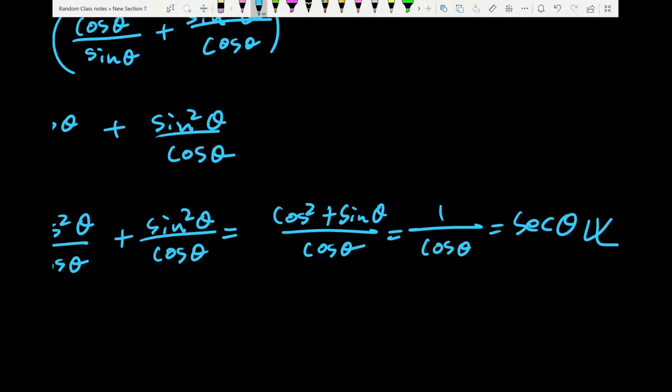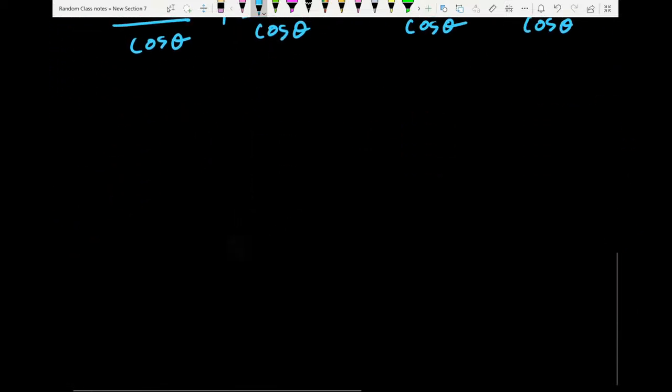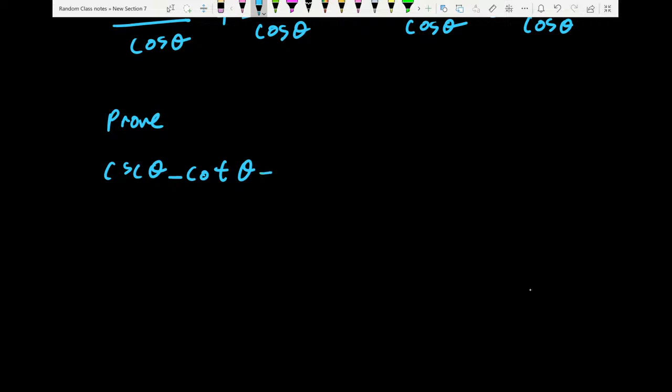All right. Y'all ready? Let's do another one. Prove cosecant of theta minus cotangent of theta equals sine of theta over 1 plus cosine of theta.